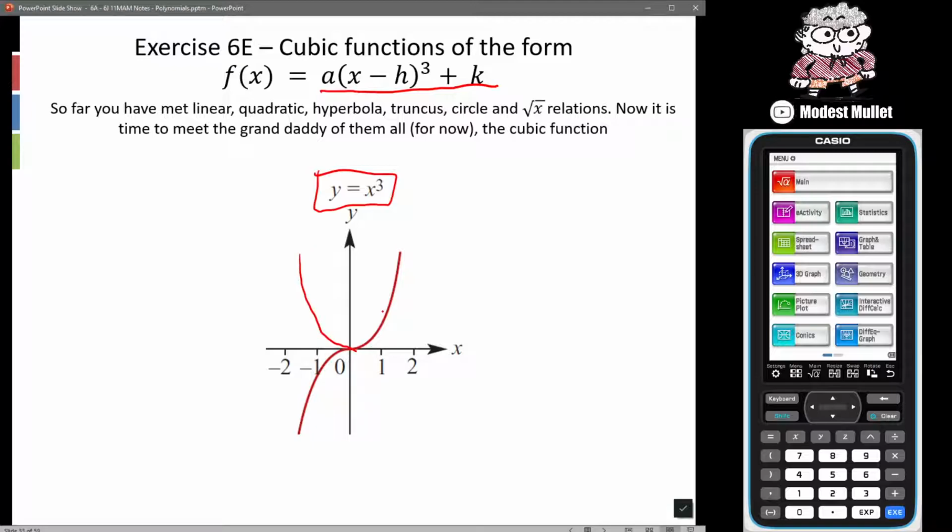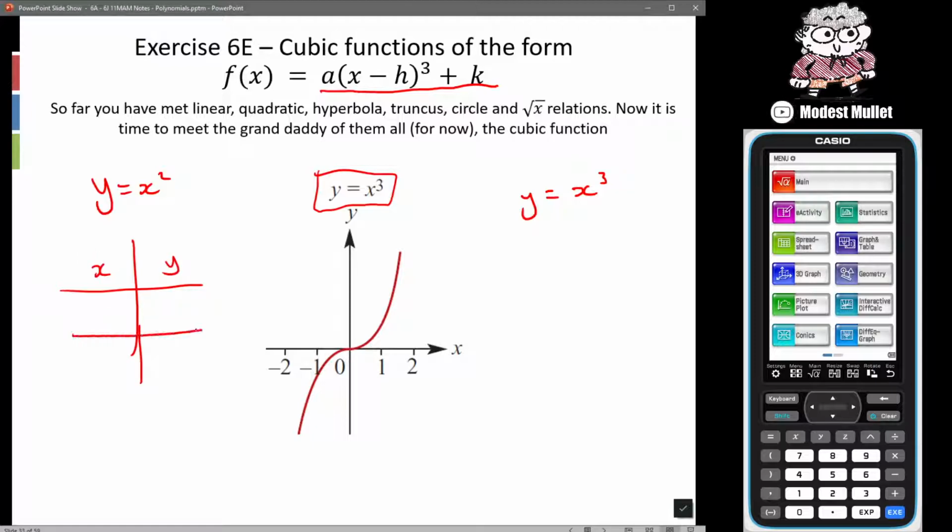Okay. Now, if we think of a quadratic, and I'll come over here, y = x², and then I'm going to put y = x³ over here. Let's think about our x and our resulting y. For x², a quadratic, if I put a negative x value in, because it's squared, it becomes positive.